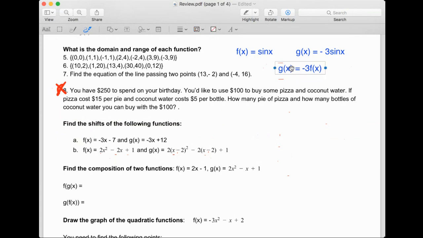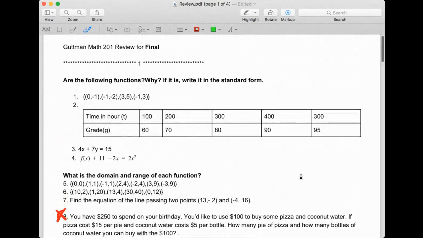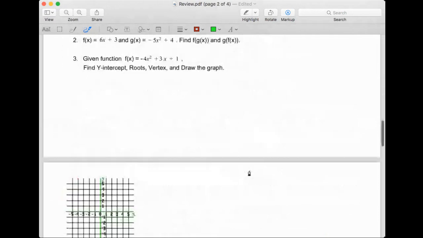All right. I have another question from the review. Number 3, I don't understand the sentence. What do you mean by identify the following functions and write them in the standard form? They're already written. Not that one, it's number 3, on another page, maybe page 2.